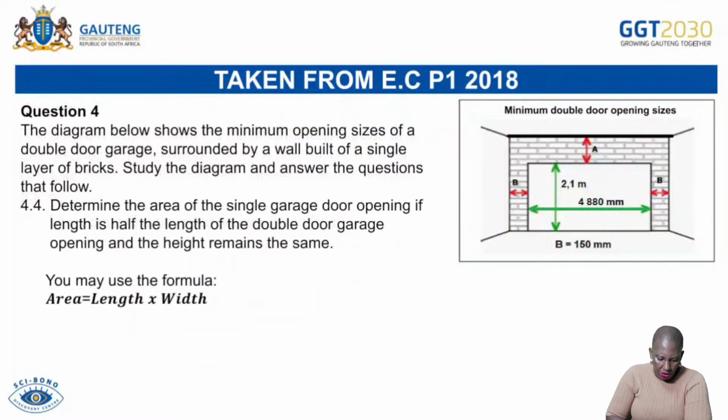Now let's look at this one. It says, determine the area of the single garage door opening if the length is half the length of the double door garage opening and the height remains the same. So meaning the height here is 2,1.